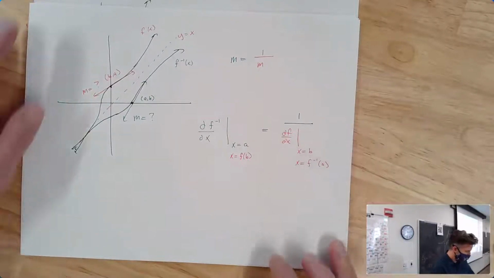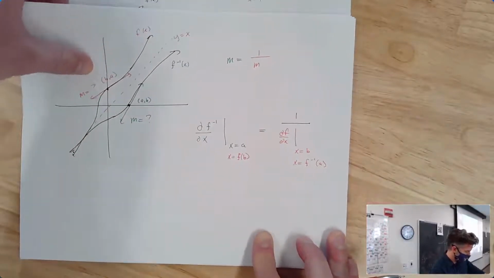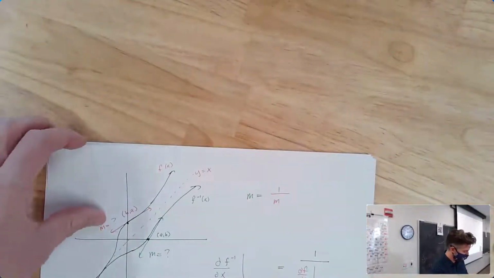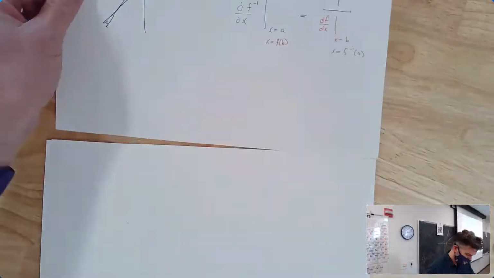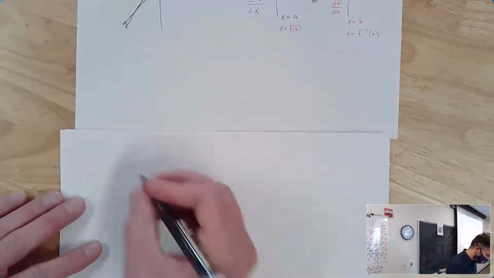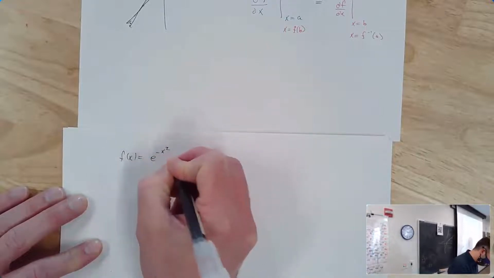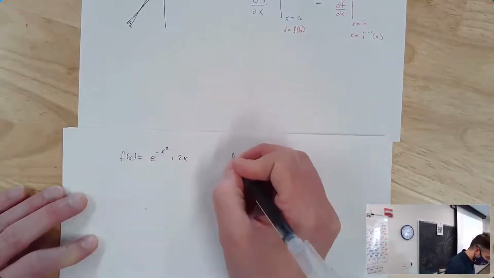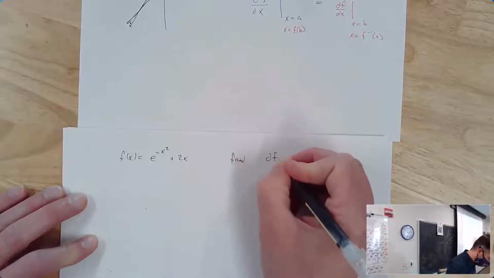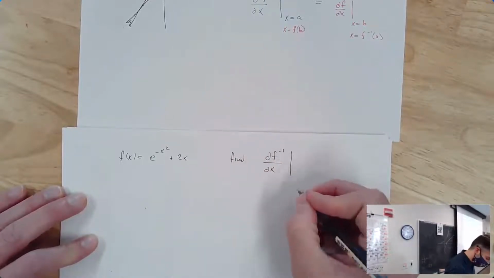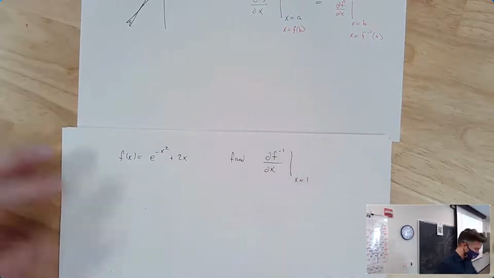Okay, so back to the example at hand, let me just write it again because I feel like I kind of jacked it up over there. So we were trying to do this. We had F of X equal to e to the negative x squared plus 2x. We wanted to find the derivative of the inverse at x equal to 1.